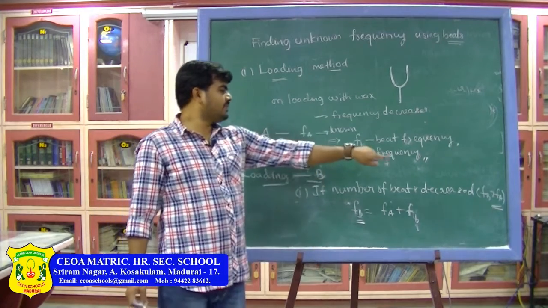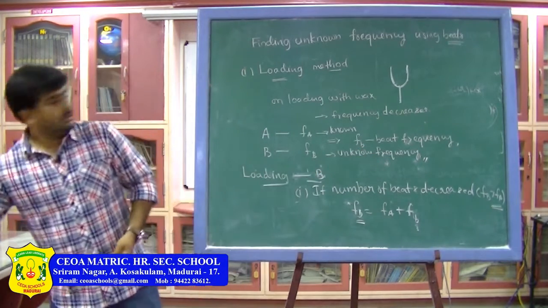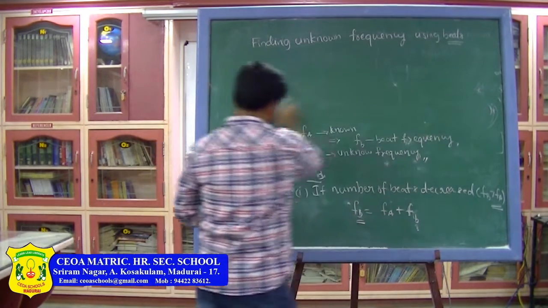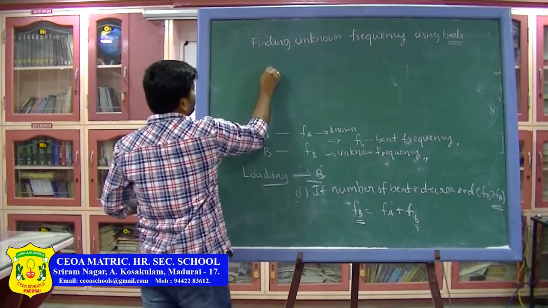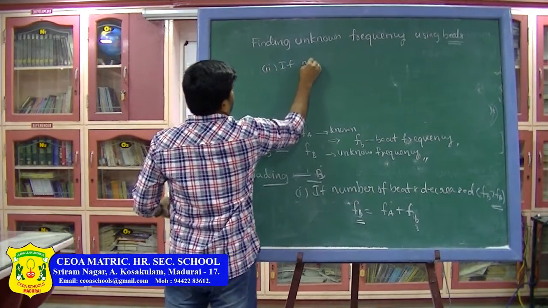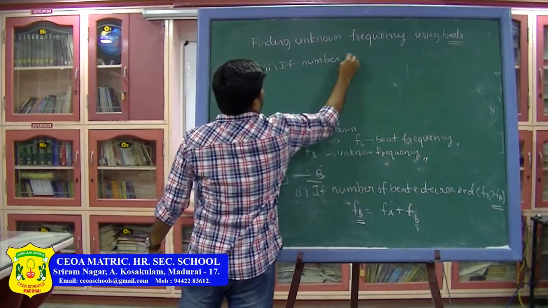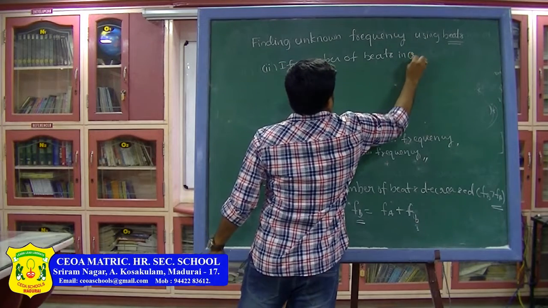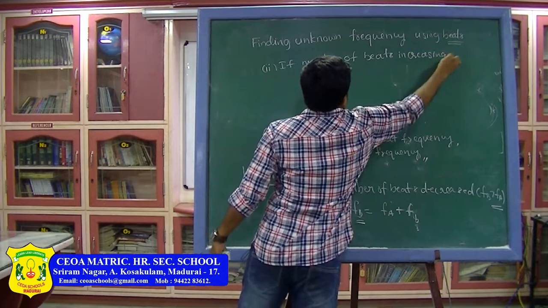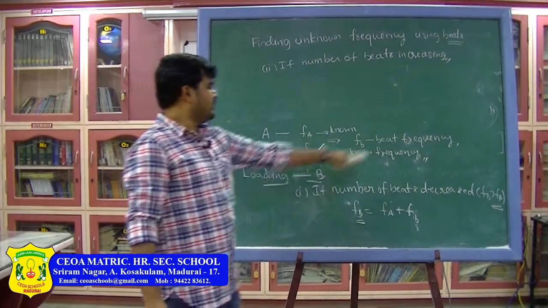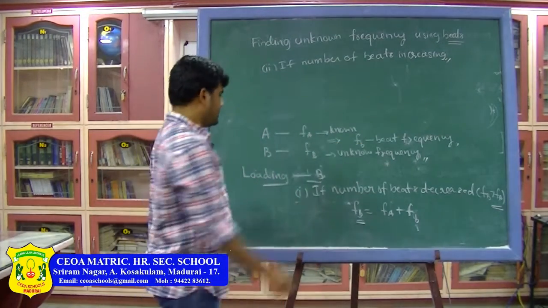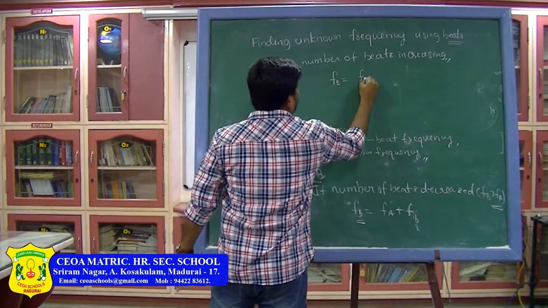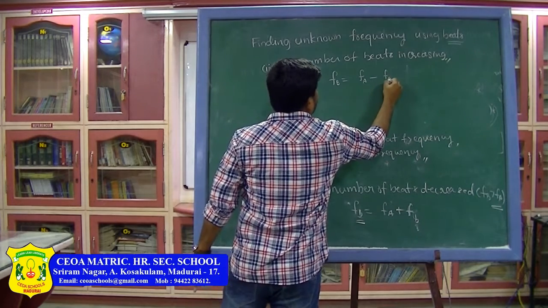Suppose if number of beats are increasing, second case is if number of beats are increasing on loading the unknown tuning fork with some little wax, then the value of unknown frequency FB can be calculated by FB is equal to FA minus initial beat frequency.